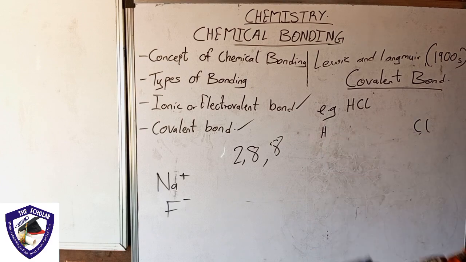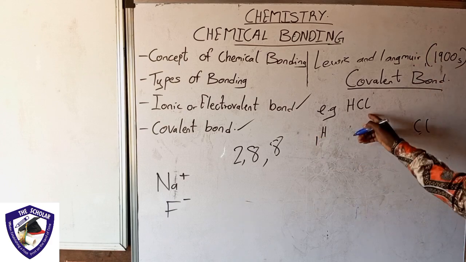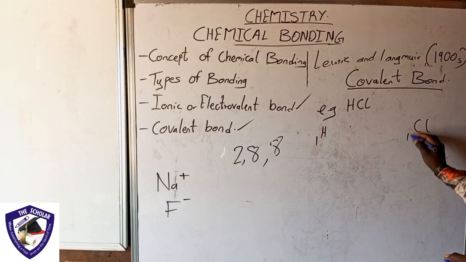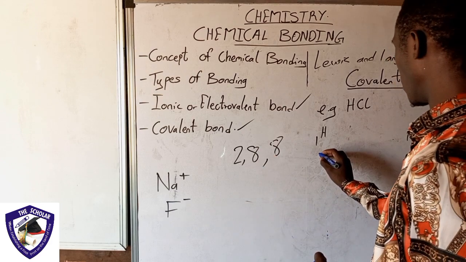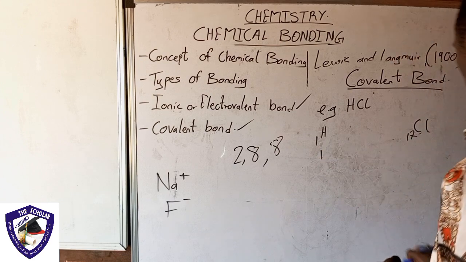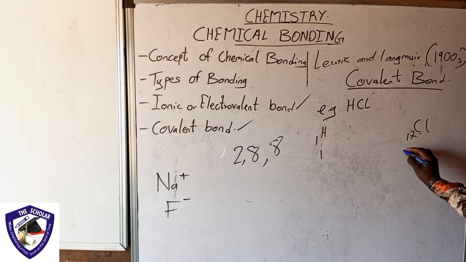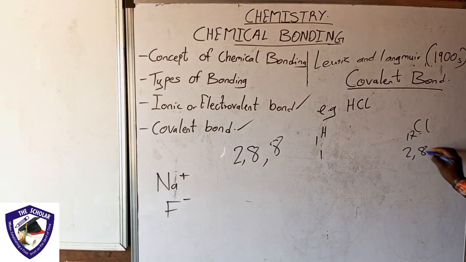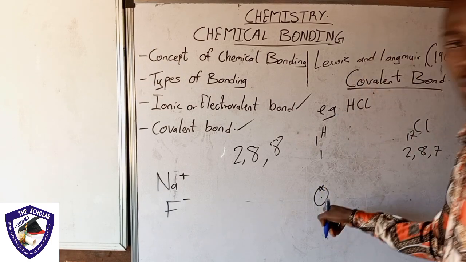HCl, H hydrogen, and the atomic number of hydrogen is what? 1. The atomic number of chlorine is what? 17. Let's write out the electronic configuration. So we have 1, and for chlorine we have 2, 8, 7. Just 1 electron.